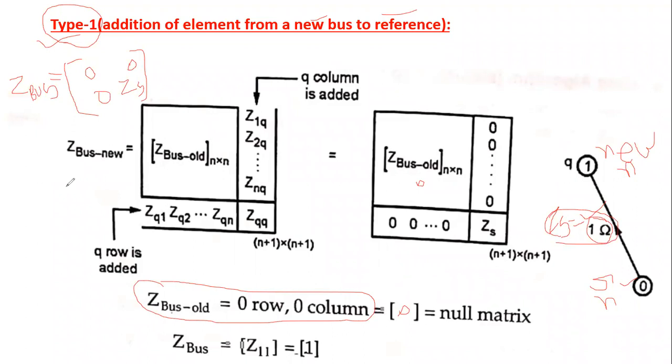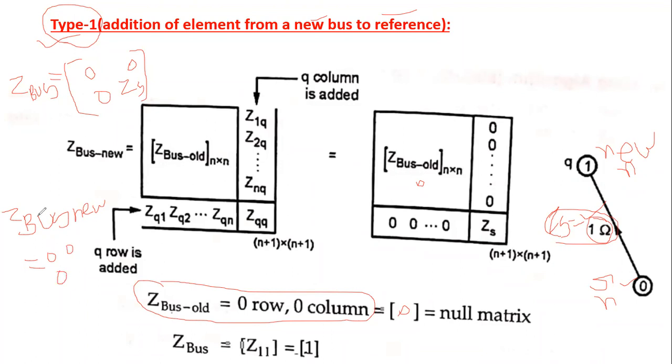Then substitute, Zbus new is equal to 0, 0, 0 and Zs.